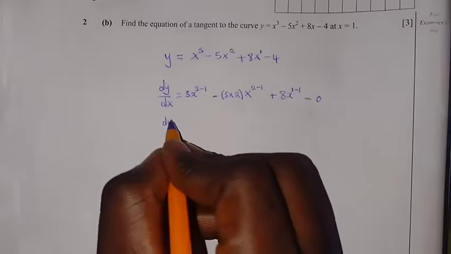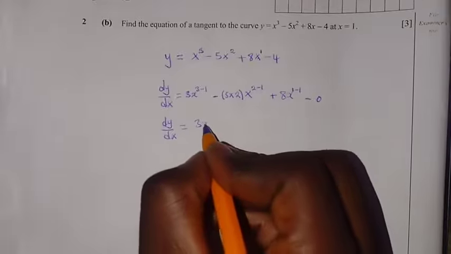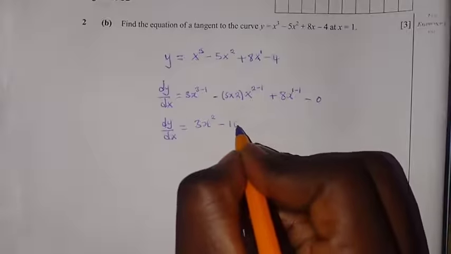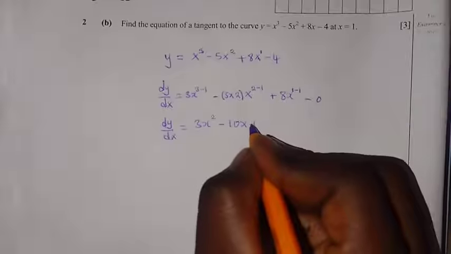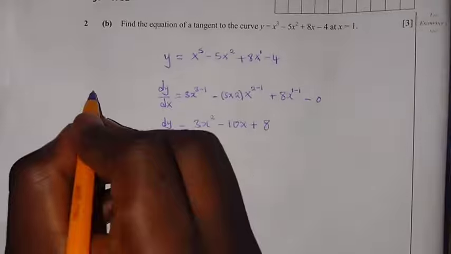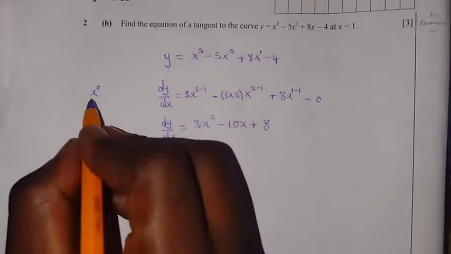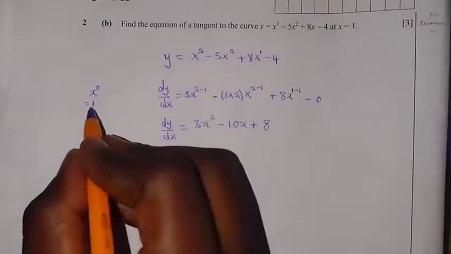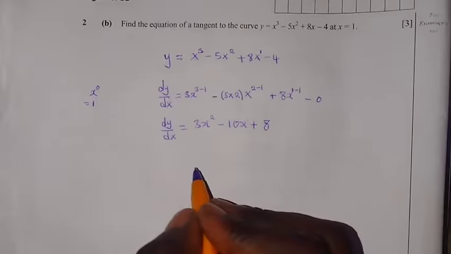So from here we'll say dy/dx is equal to 3x^2 minus 5 times 2, it's a 10x, because 2 minus 1 will be a power 1, then plus 8. Now for this one to be x power 0, because 1 minus 1 is 0. So here x power 0 will be a 1. So here it will be 8 times this one, you still get this 8. Okay, so this is now the gradient function.